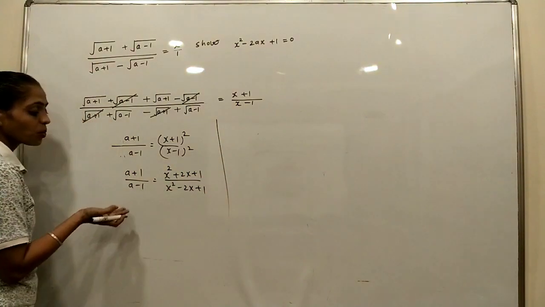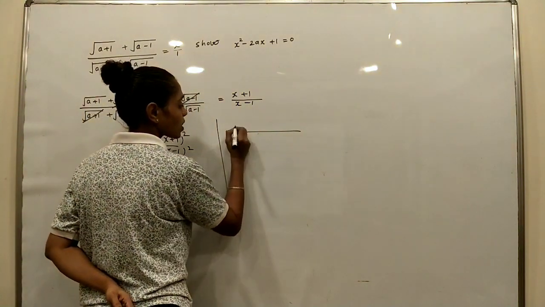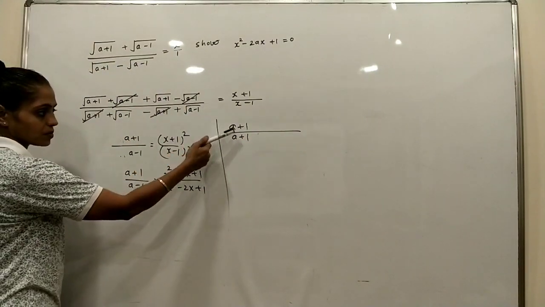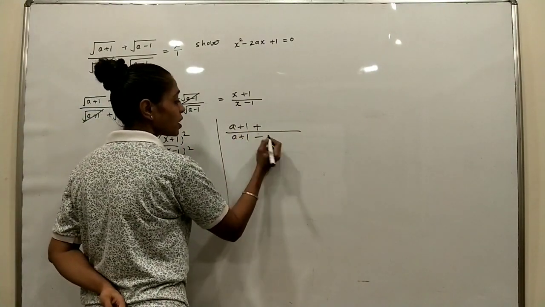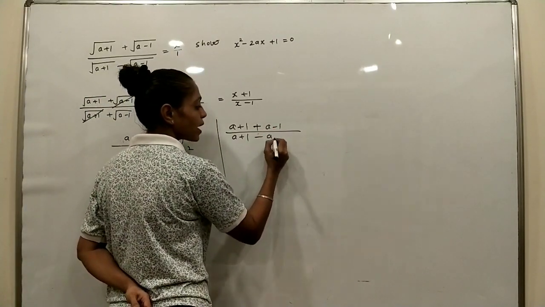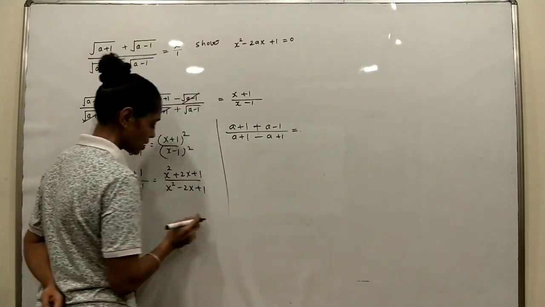Now again the numerator and denominator are exactly the same, just a change in sign. So componendo dividendo again: a + 1 is the numerator plus denominator, minus denominator, that is a - 1.